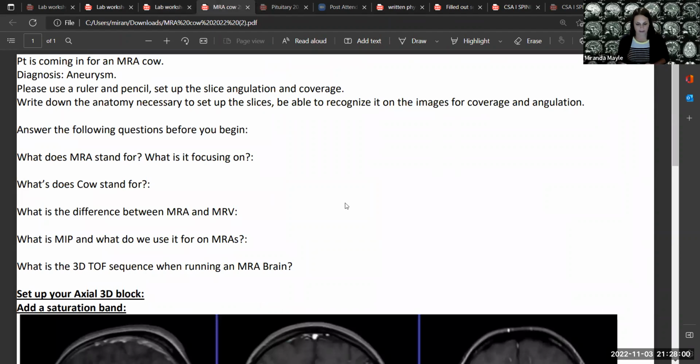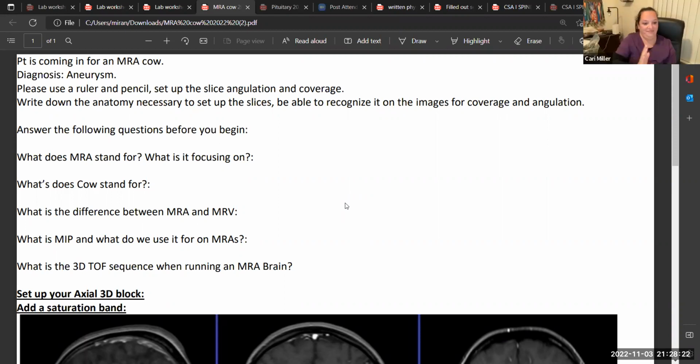Let's talk about an MRA cow here. What does MRA stand for? Magnetic resonance angiography. I can't pronounce it right now. Angiography. There you go. We pieced it together, guys. That was teamwork for certain.